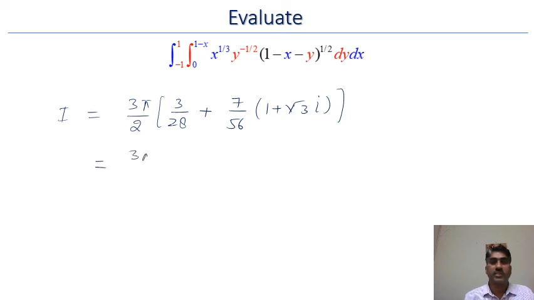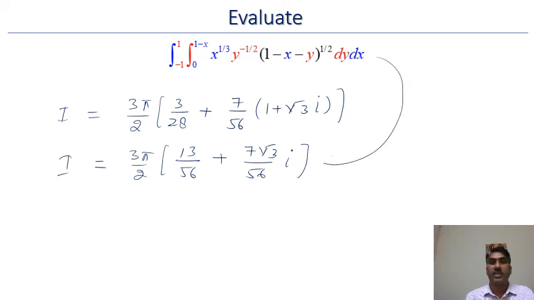So you get 3 pi by 2 times 13 by 56, this is the real part, plus 7 root 3 by 56 I, this is the imaginary part. So this is the actual evaluation of the integral we have been given.